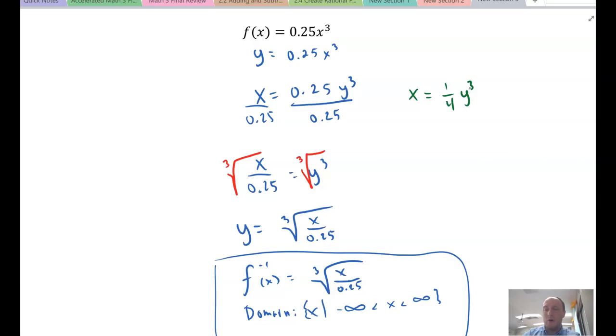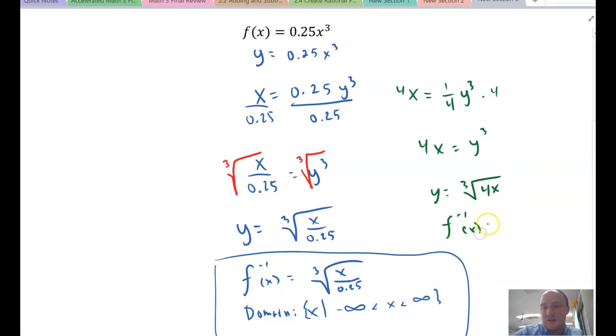Okay, so how do you undo multiplying by a fourth? Well, you multiply by 4. So I get 4x is equal to y cubed, which means y is going to be equal to the cubic root of 4x. So maybe you think this is prettier. I think it's prettier.